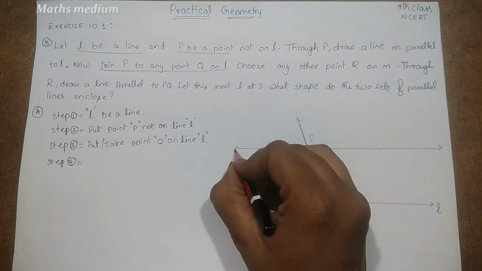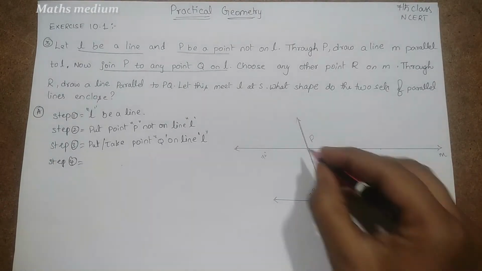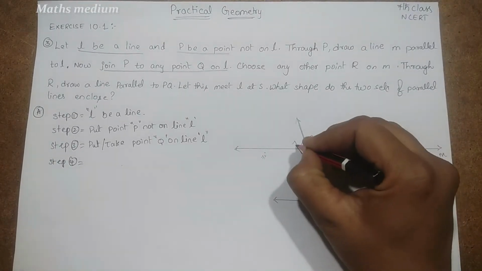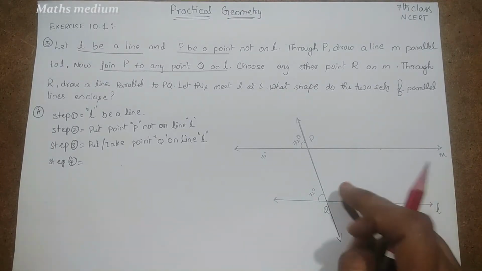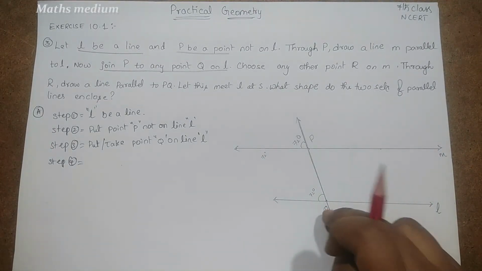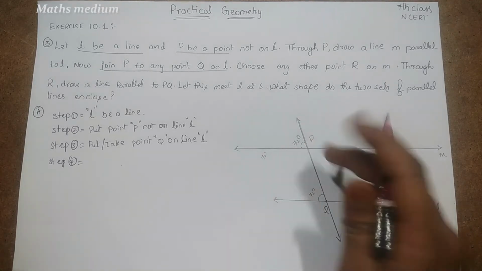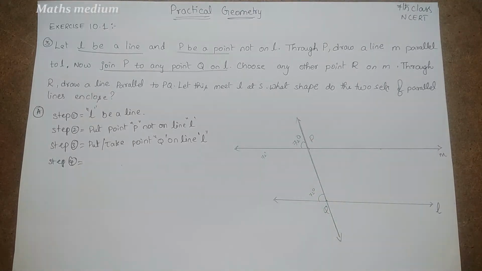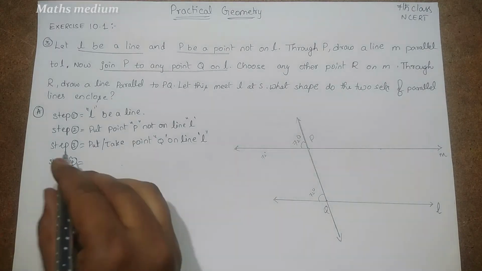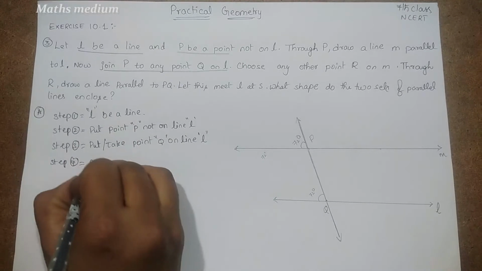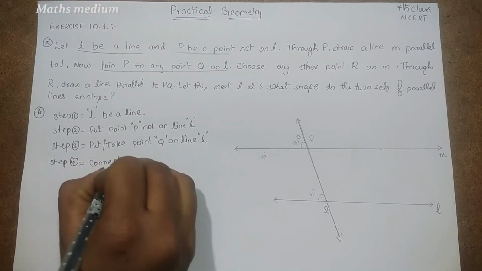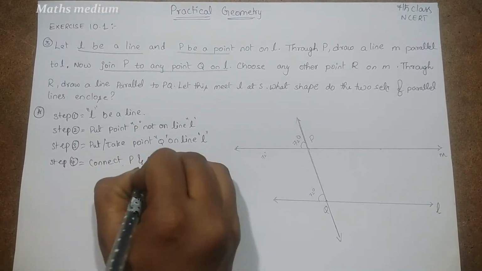This is line M. Now here is also 72 degrees. Why? Because these two are parallel lines. That's why the angle at Q is equal to the angle at P. So step 4 is, we forgot to write it, connect P and Q points.